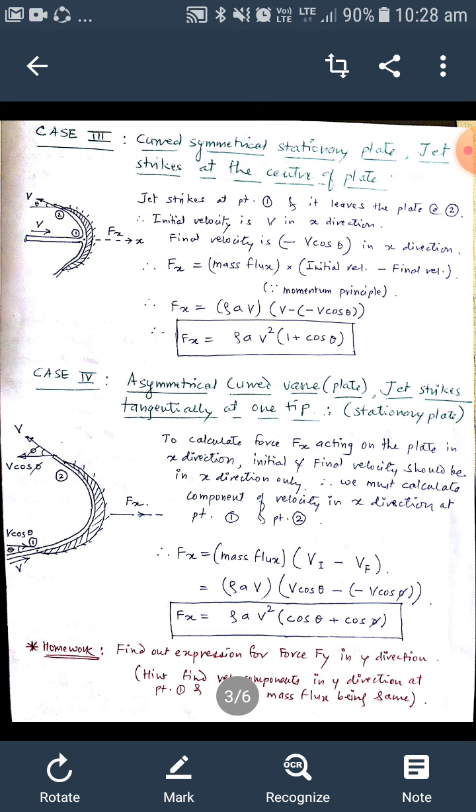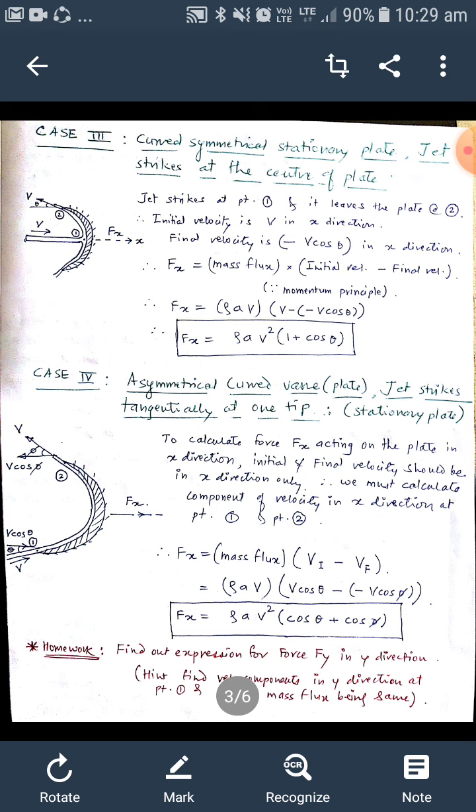Now the equation is the same. Fx is equal to mass flux, that is mass upon time, into initial minus final velocity. So you can see the first bracket of Fx is rho A V, which is the same in all the cases. But when we consider the initial velocity and final velocity at point number 1 and point number 2, we can see clearly at point number 1 the jet velocity in x direction is V itself.